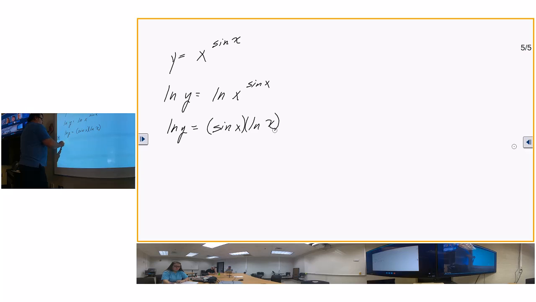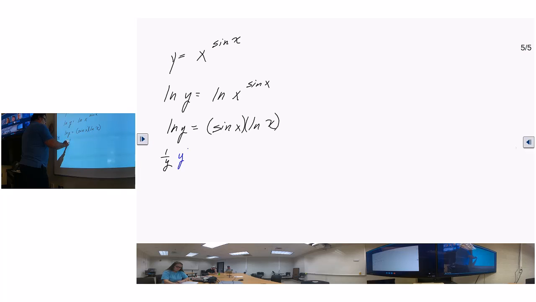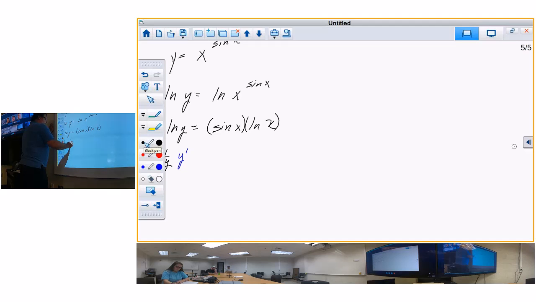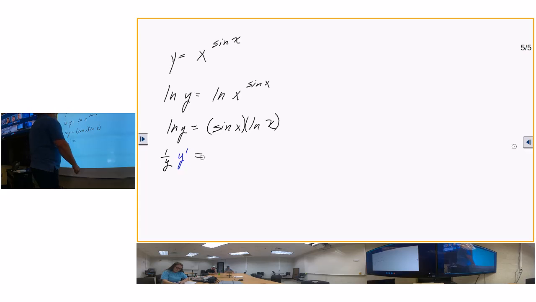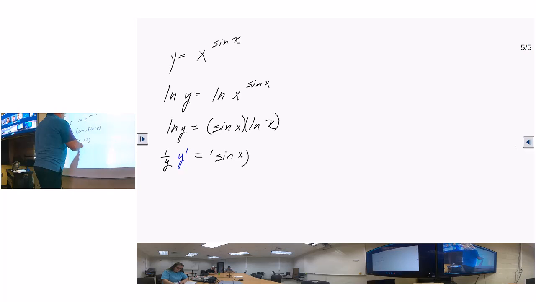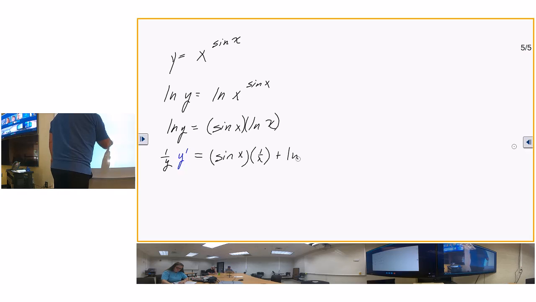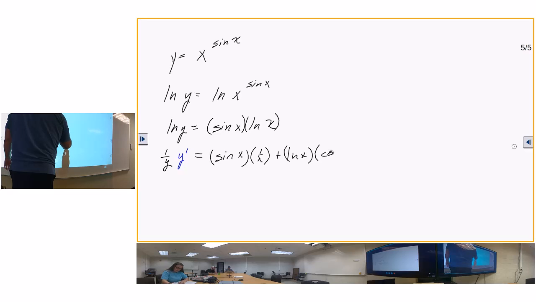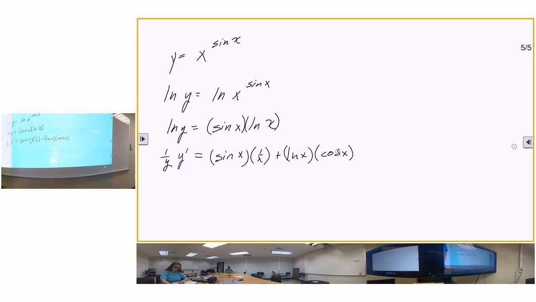This is going to always give you 1 over y times y prime is equal to, what's the first times the derivative of the second plus the second times the derivative of the first. All right, finish it out.